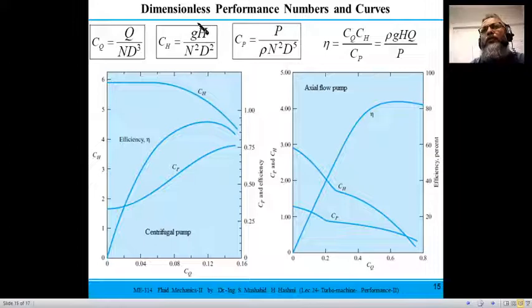It means you are supposed to get more head as far as centrifugal pumps are concerned, whereas for the axial flow pump the heads are much lower. Even though the scale is not the same for these two curves, if the scales were the same you could easily compare them. These are called dimensionless performance curves. So different machines have different performance curves.